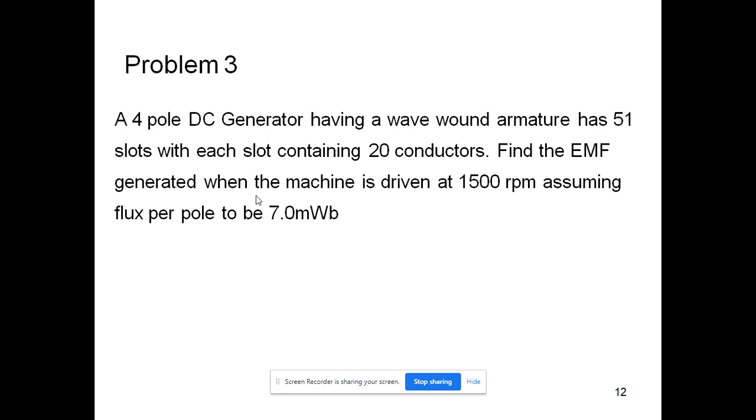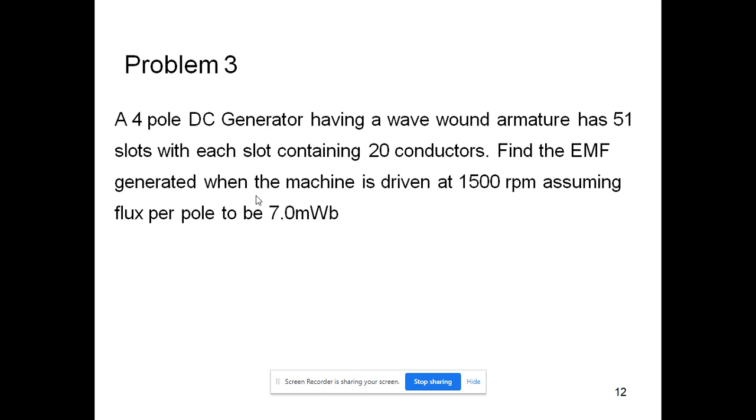Now I am reading the problem. A 4-pole DC generator having a wave wound armature has 51 slots, with each slot containing 20 conductors.